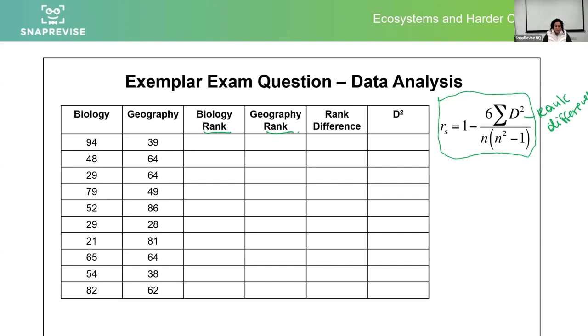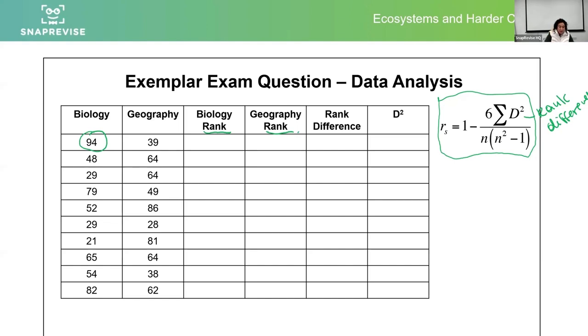I basically have to rank these values according to size. Let's take the biology rank first. I see this score here, 94. It's my highest value. If I look down those values, I can't see a larger value than 94. So that takes a rank of 1.